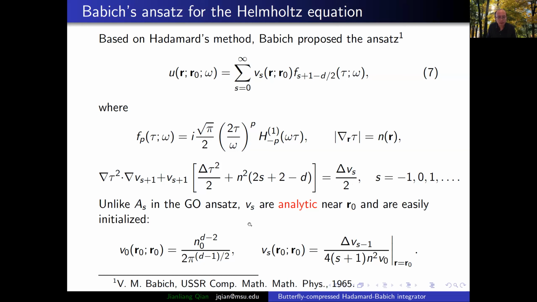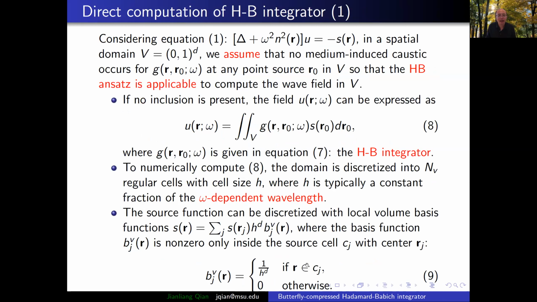Now this ansatz can be initialized easily at the source location, because the V sub s coefficients are analytic near the source. We can initialize those easily. The next question is how to compute these quantities.